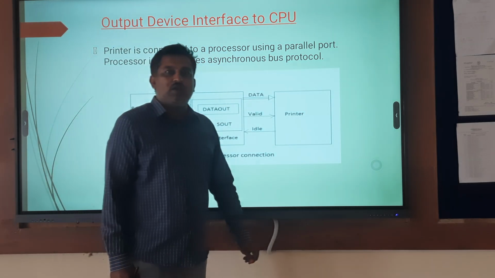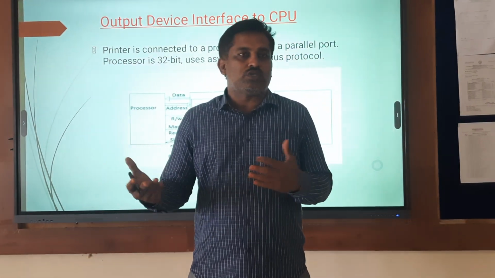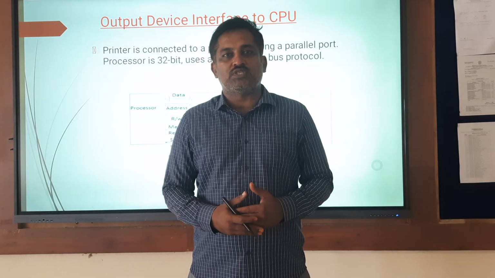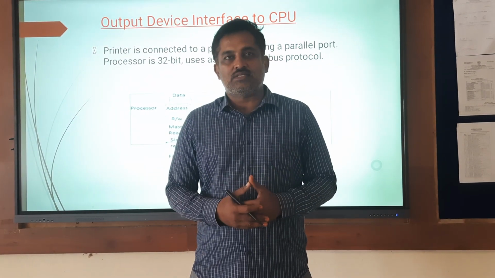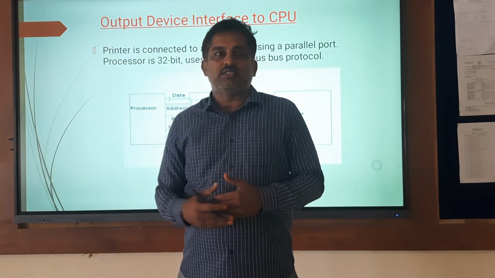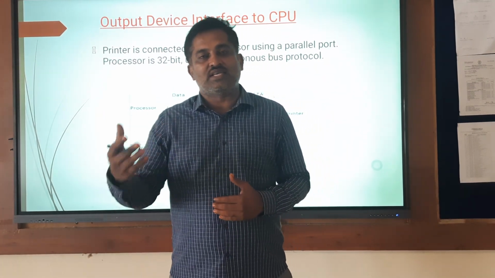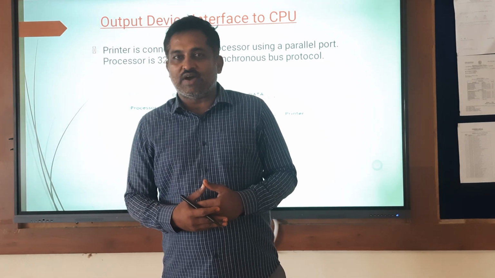We all very well know that input devices are keyboard, mouse, all those things are examples of input devices. Printers, monitors, LEDs, LCDs, all these come under the examples of output devices.